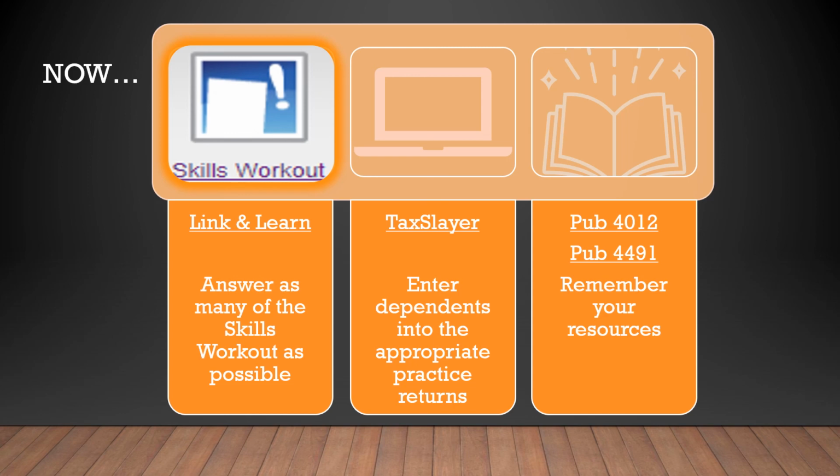This is another really important part of the return, and the more intuitive that you can get this, the better off you'll be when we start helping our taxpayers with their returns. After that, I want you to go on to TaxSlayer and enter the dependent information into the appropriate practice tax returns. As before, the information to do that will be in Asana.